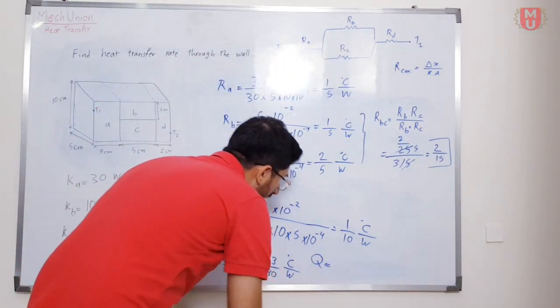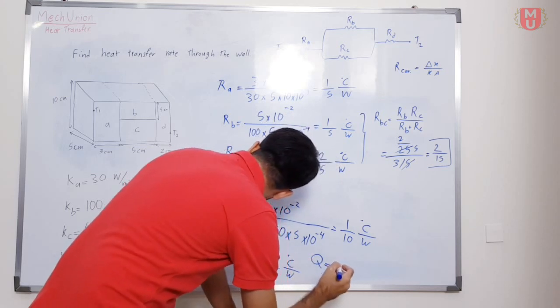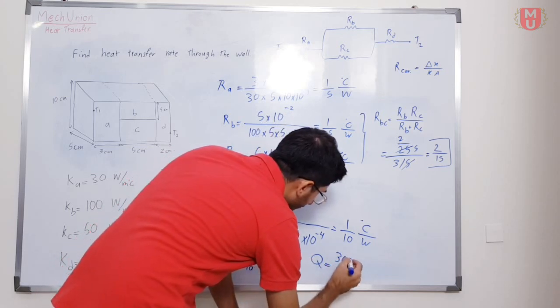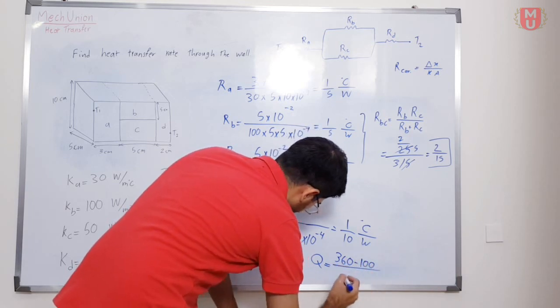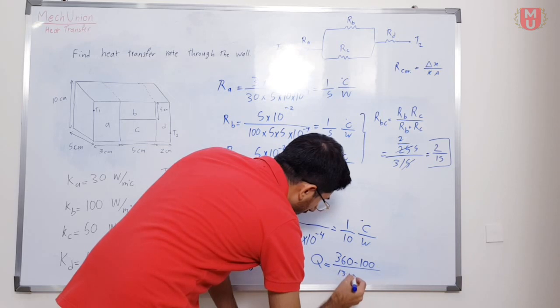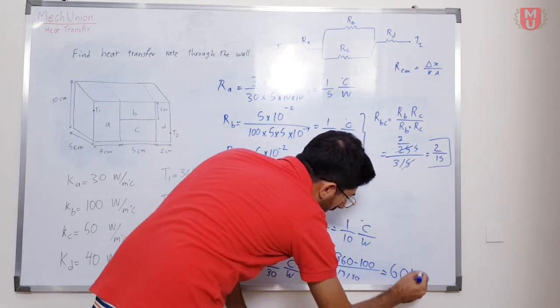So our desired value will be delta T, which is 360 minus 100 over 13 over 30, which will be 60 watt.